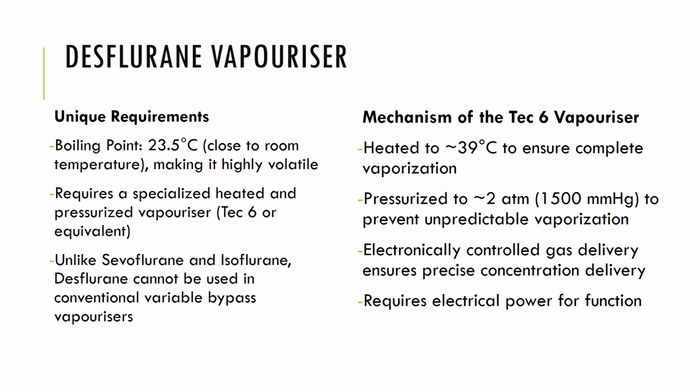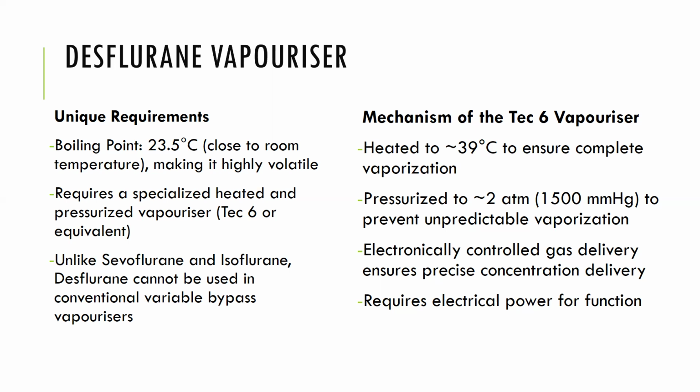The idea is to heat the liquid to a standard, controlled temperature, thereby controlling the output of its vapor into the breathing circuit. So it cannot be used in a conventional variable bypass vaporizer.